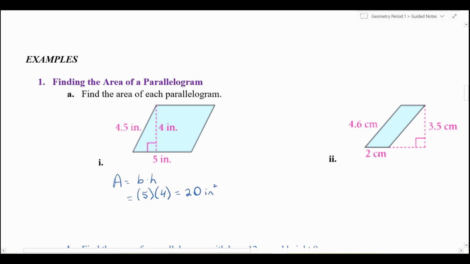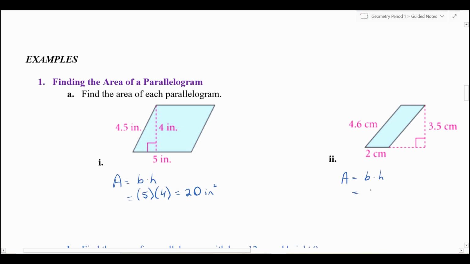In this particular case, our base is 2 centimeters, right? Our altitude happens to be 3.5 centimeters. So this is the value that we use, the 3.5, okay? So our area equals still base times height.